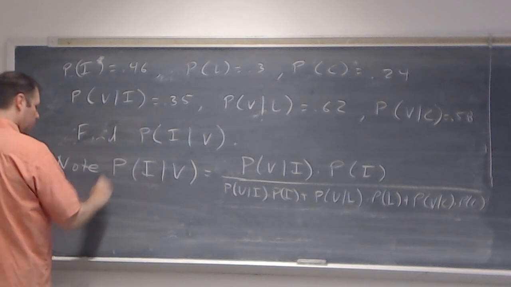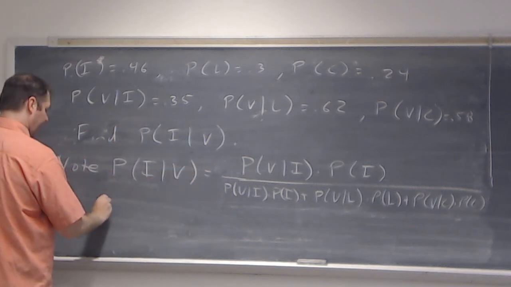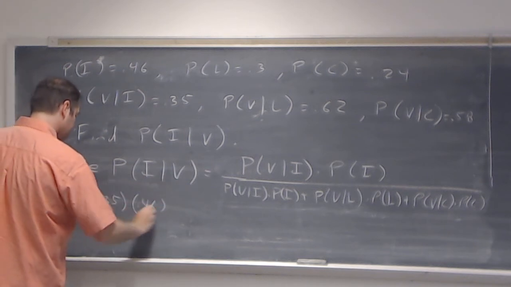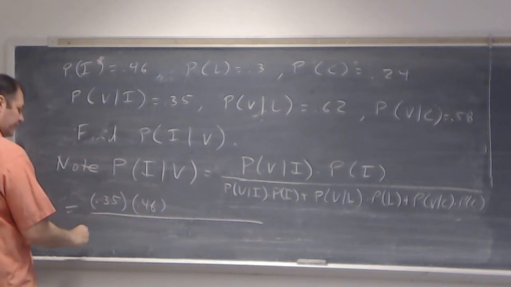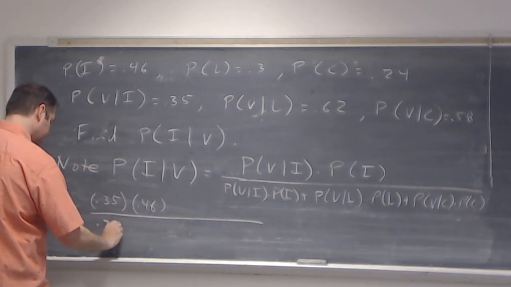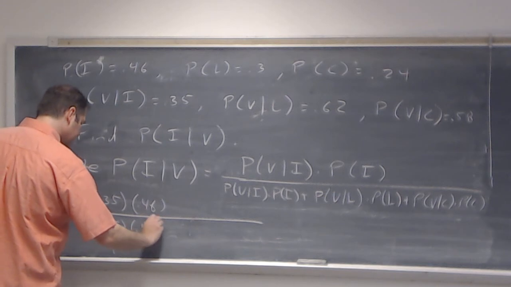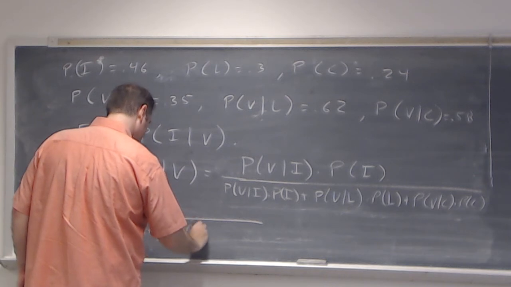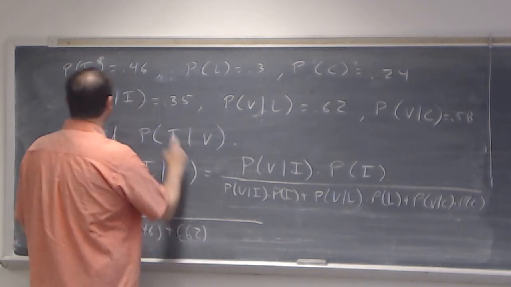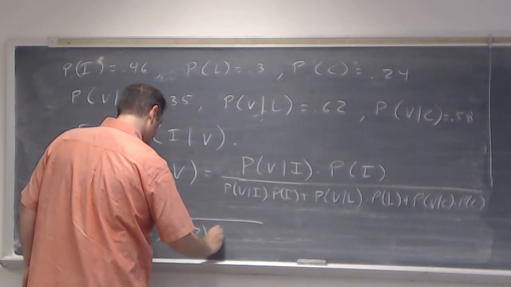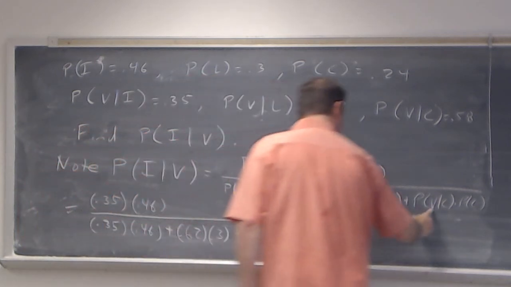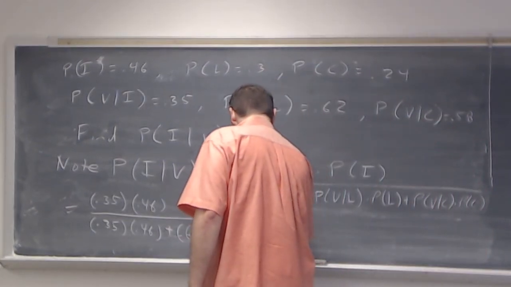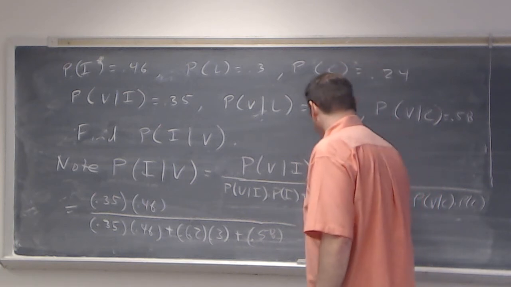The numerator is 0.35 times 0.46. The denominator is 0.35 times 0.46, plus 0.62 times 0.3, plus 0.58 times 0.24.